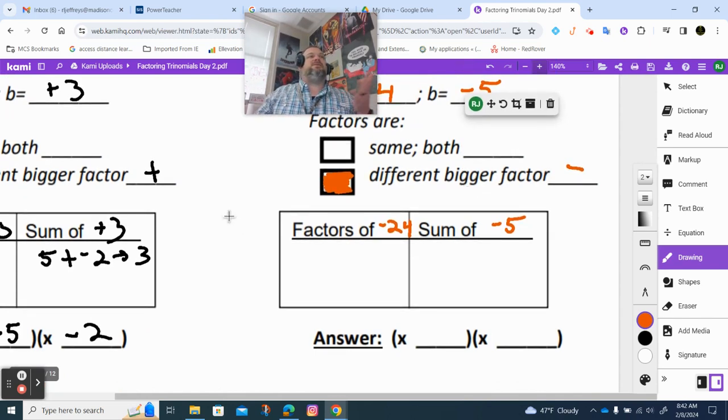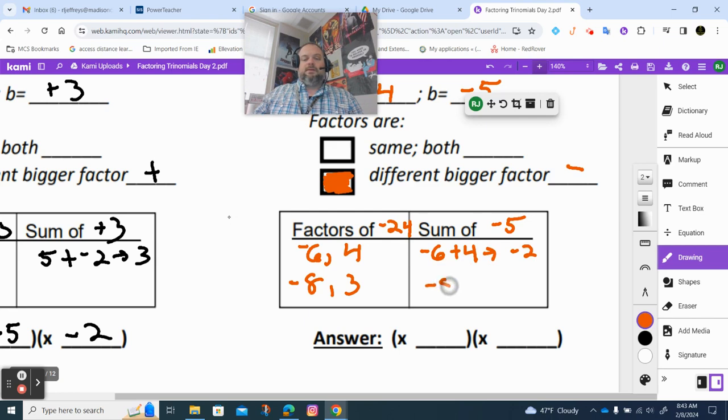So what are some factors of 24? Yeah. 6 and 4, 8 and 3. All right. -8 plus 3, -5. Aha. So -8 plus 3.